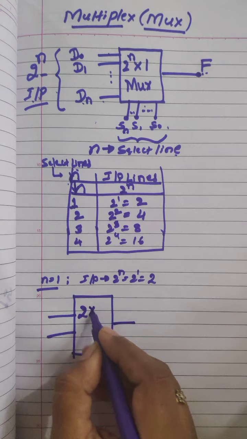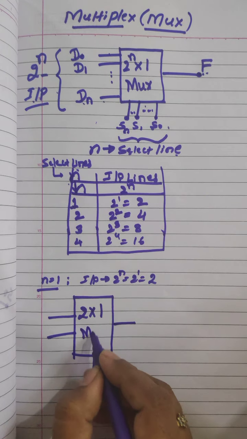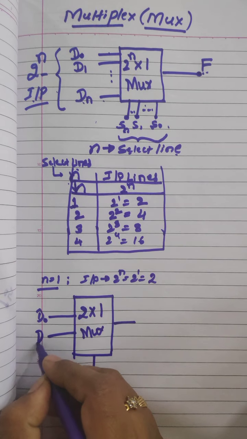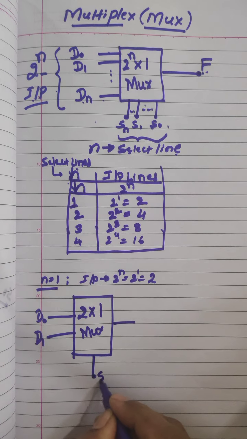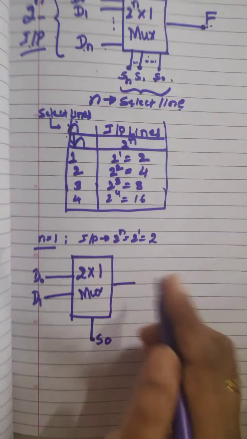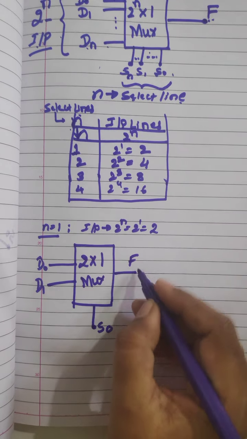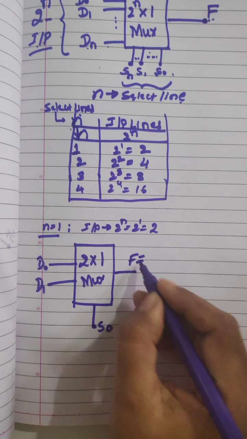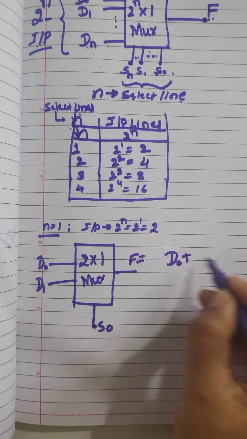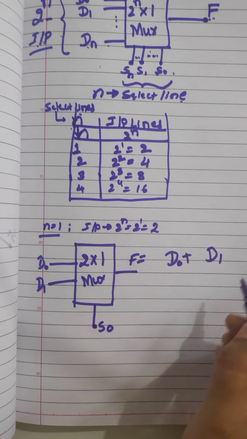So we have a 2 cross 1 mux, and the 2 inputs we shall denote as D0 and D1, and this is the select line. Let us call it S0, and the output is F. What is the output? The output F is either D0 or D1.